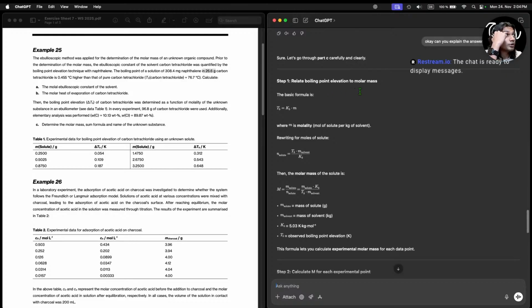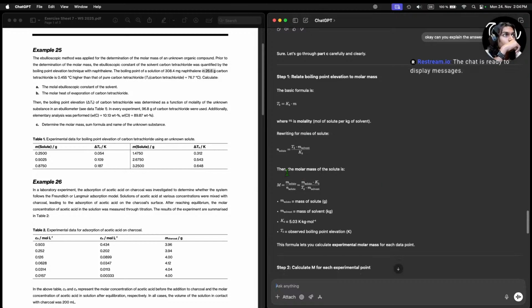Relate the boiling point elevation to molar mass. m is molality. Okay, we rewrite the equation. Now the molar mass of the solute is mass of solute by number of moles.